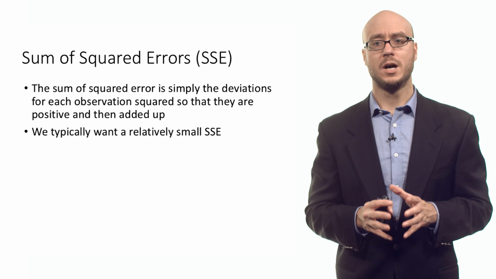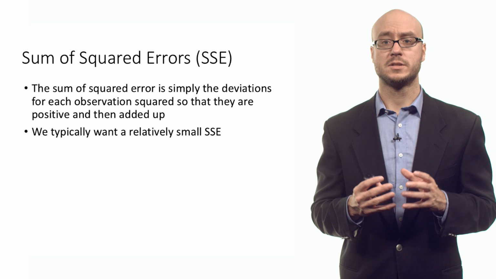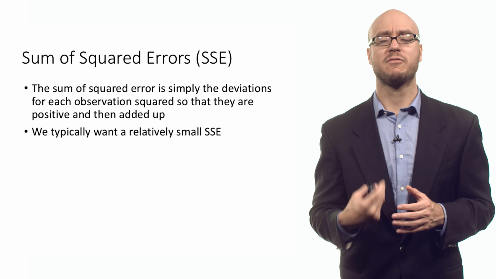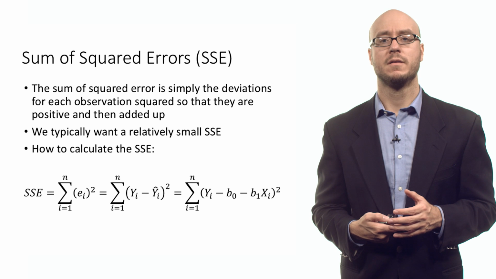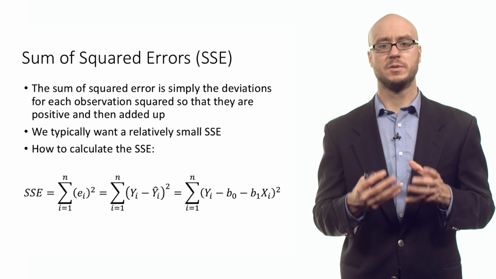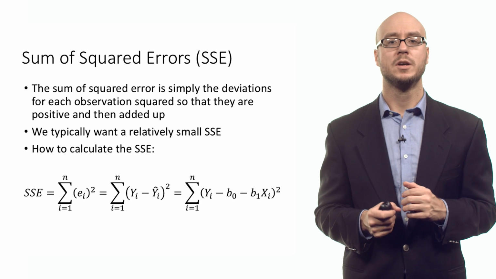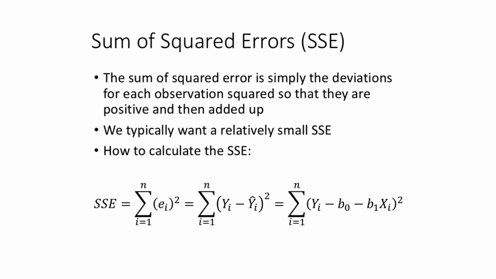And we typically want a relatively small sum of squared errors. We don't want our line to be that far off from our raw values. Well, how do we calculate the sum of the squared errors? This uses the sigma notation that we described earlier. We simply take each residual, we square it, and we add them all up for each row, for each observation.